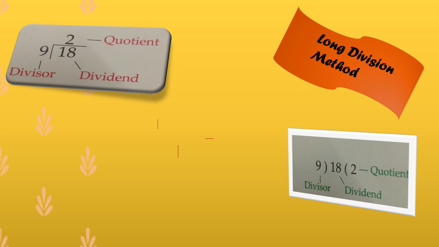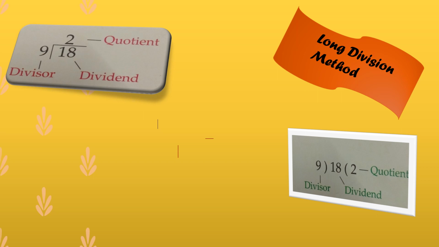Now children, let's learn about one more method of division, that is the long division method. Children, division can be shown in different ways. Okay, so let me tell you about the dividend, divisor and quotient. What are these?